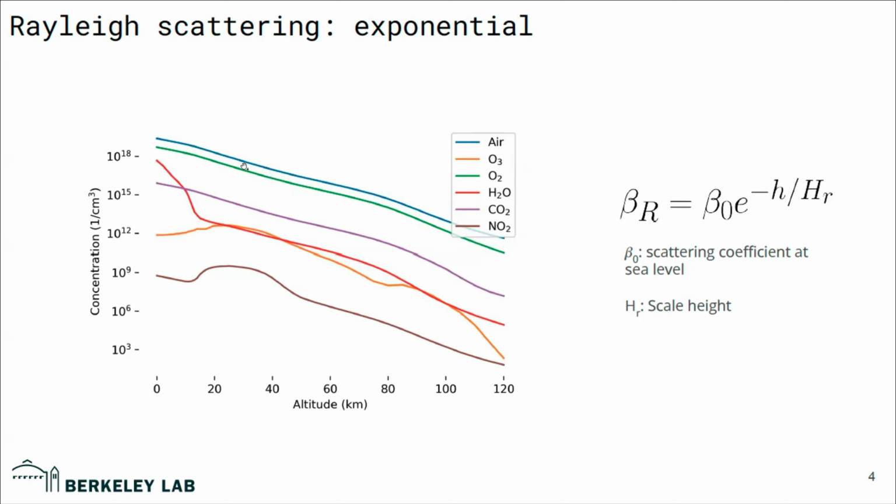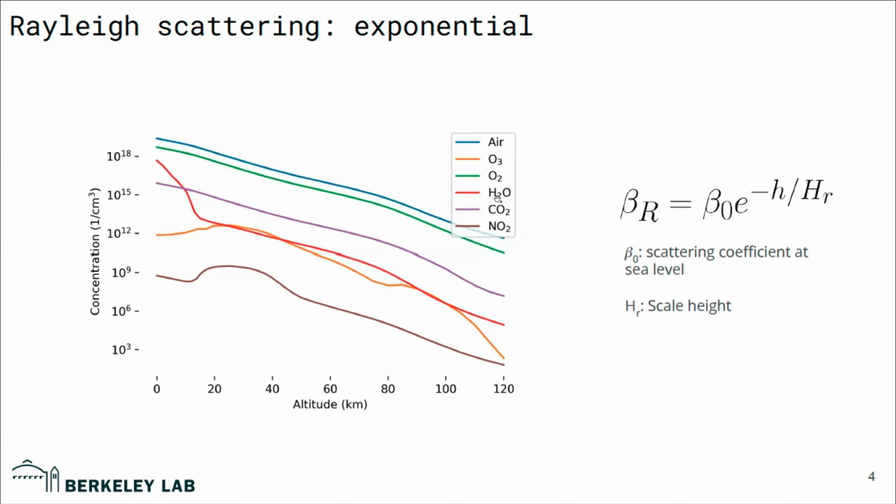As you can see, the blue line is pretty flat. Usually that is the case because those particles are pretty well behaved. So we can pretty much assume an exponential decay of those air molecules as an assumption for our modeling.